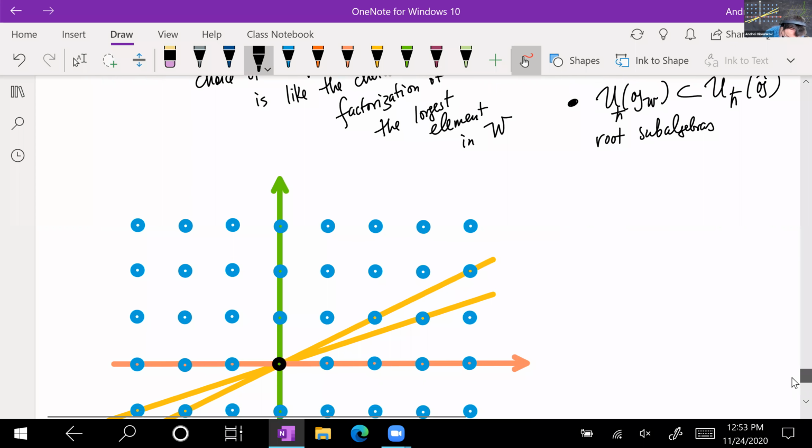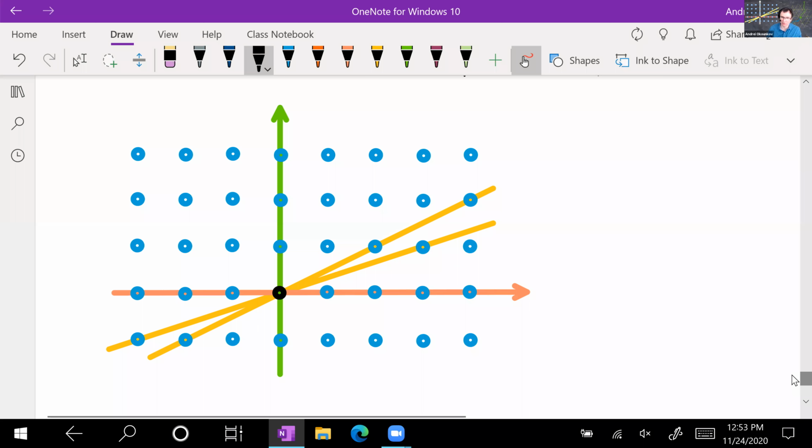And so these are kind of root subalgebras. The picture may be familiar to you. This is a picture of U_h bar of GL1 hat. Here the Lie algebra g is GL1 hat.